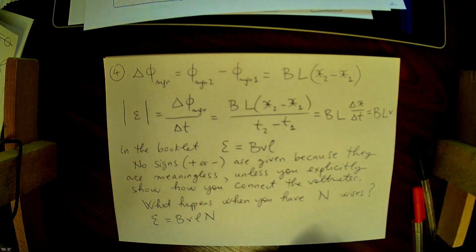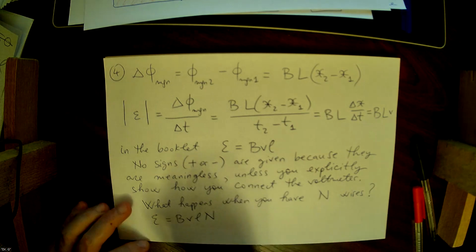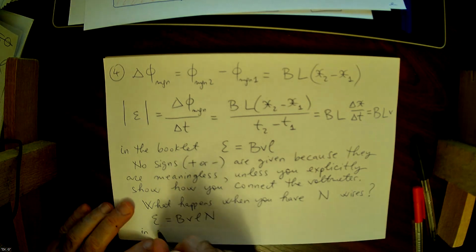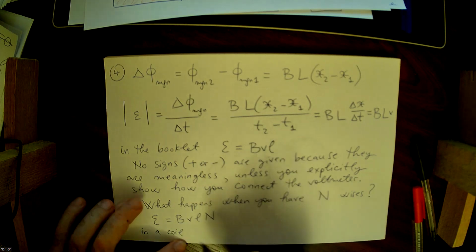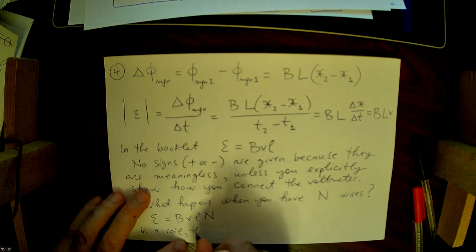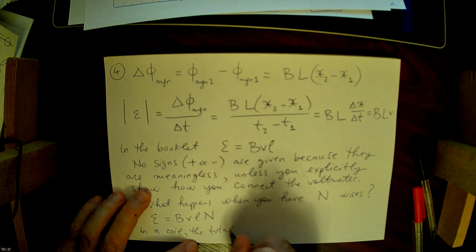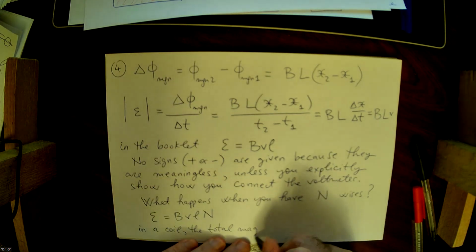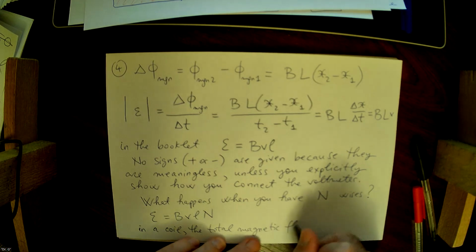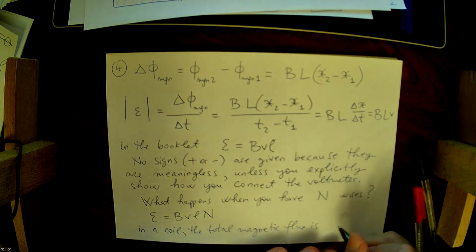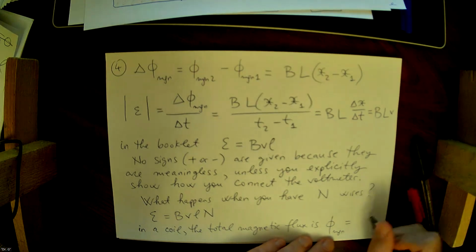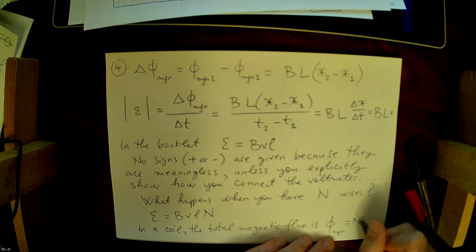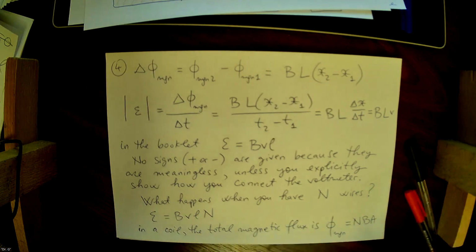In a coil, the total magnetic flux is N B A.